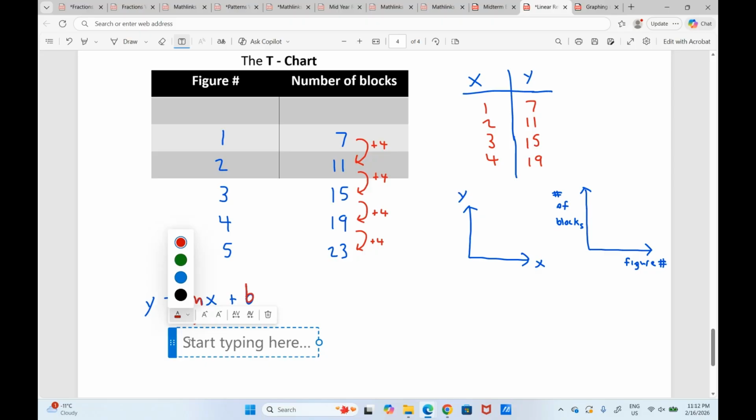Okay, there we go. The consistent pattern, or we call it the slope. That would make more sense when we look at it from a graph's perspective.